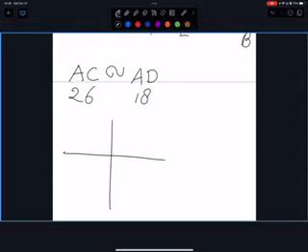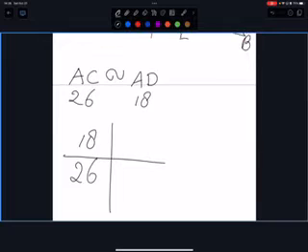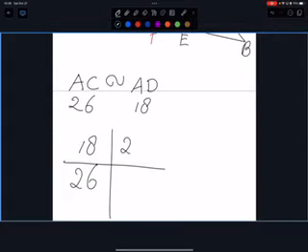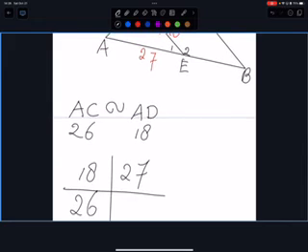I have to do it like this. 18 represents 26, and I'm going for AB, and this is the smaller one.